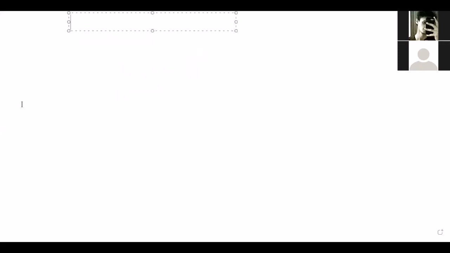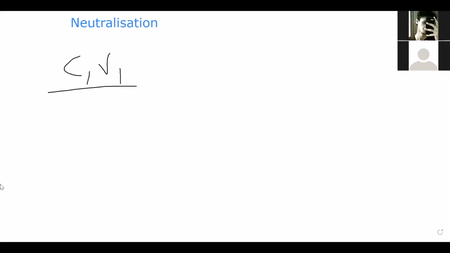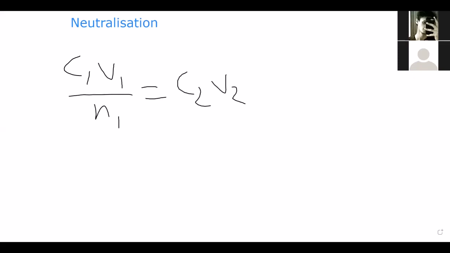Now the formula for neutralization reactions. C1V1 upon N1 equals to C2V2 upon N2.